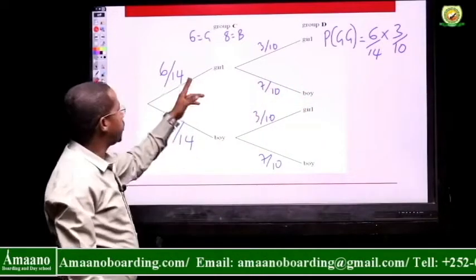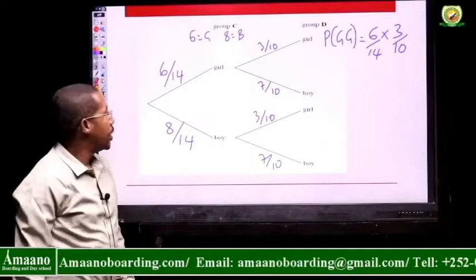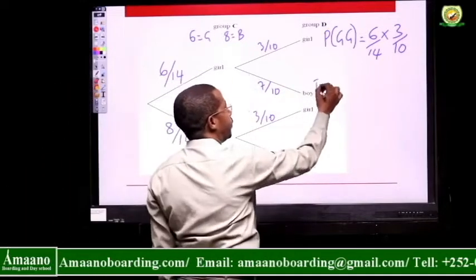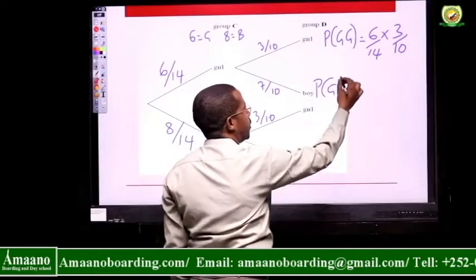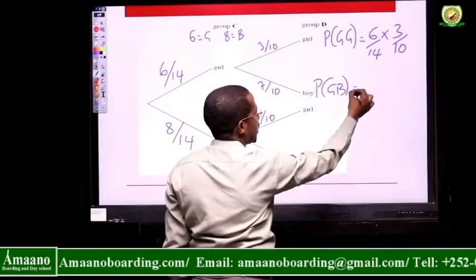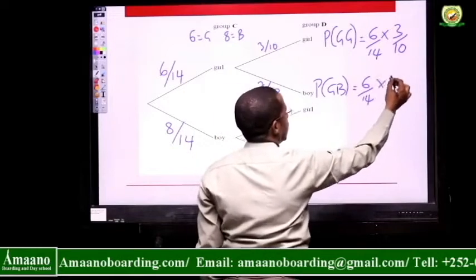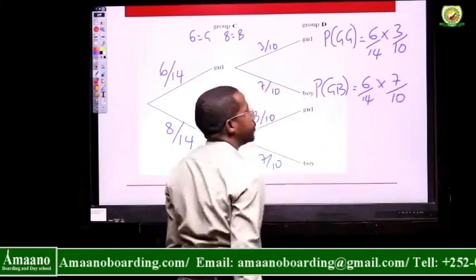That gives you the probability of getting 2 girls. Probability of getting a girl and a boy, first time girl, second time boy, will be 6 over 14 times 7 over 10.